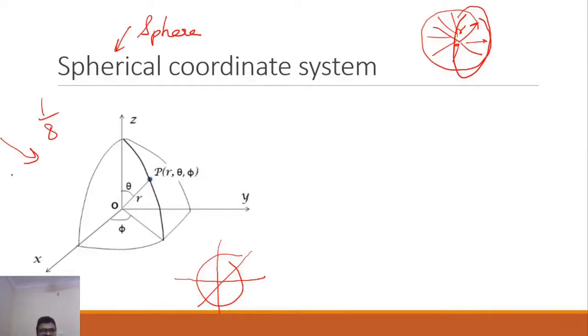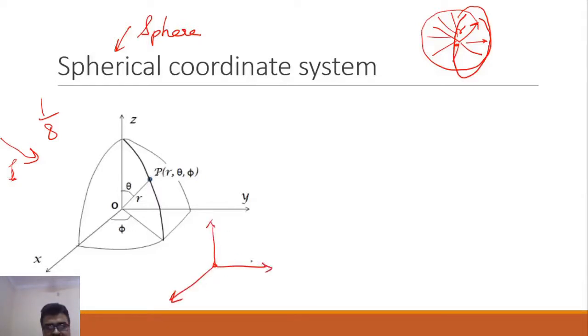This is one of the pieces which lies in the positive quadrant. So to make this piece, let us understand what we need. To locate anything in a sphere, first of all, we need a radius, right?